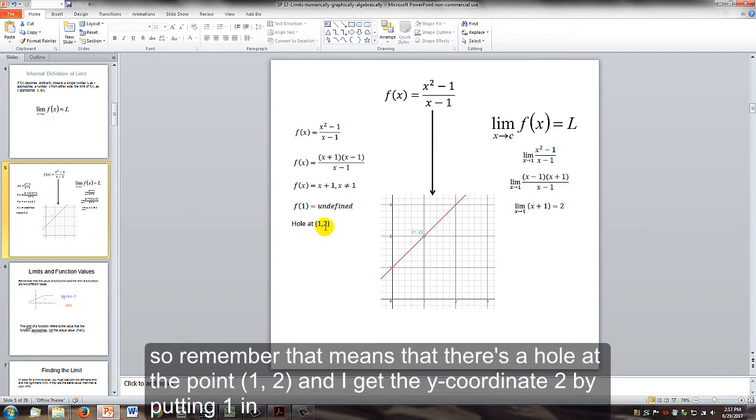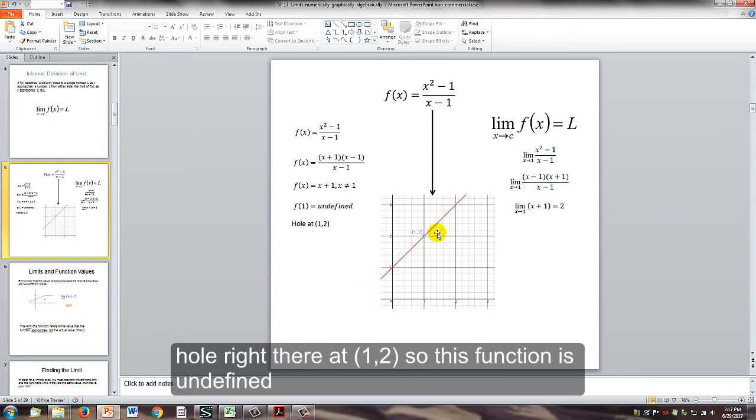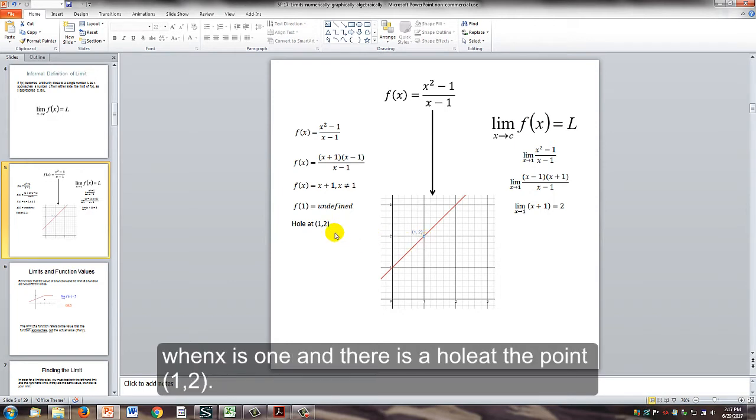And I get the y coordinate 2 by putting 1 in, and 1 plus 1 is 2. So here's the graph of y equals x squared minus 1 over x minus 1. It looks like a line, y equals x plus 1, except there's a hole right there at 1, 2. So this function is undefined when x is 1, and there's a hole at the point 1, 2.